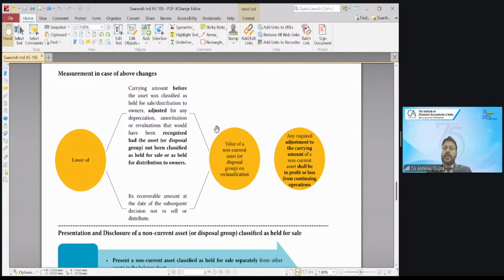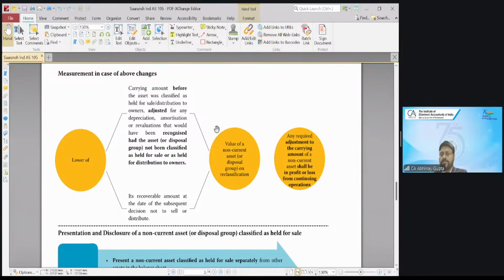Once both the measurements are done, that is the carrying amount minus depreciation minus impairment until now, which otherwise would have been reflected in the books of accounts had this decision not been taken, and the recoverable amount, then the lower of these two would be regarded as today's value of these assets at which they will be reclassified back to the original PP&E or intangible assets or the investment property as the case may be, right?